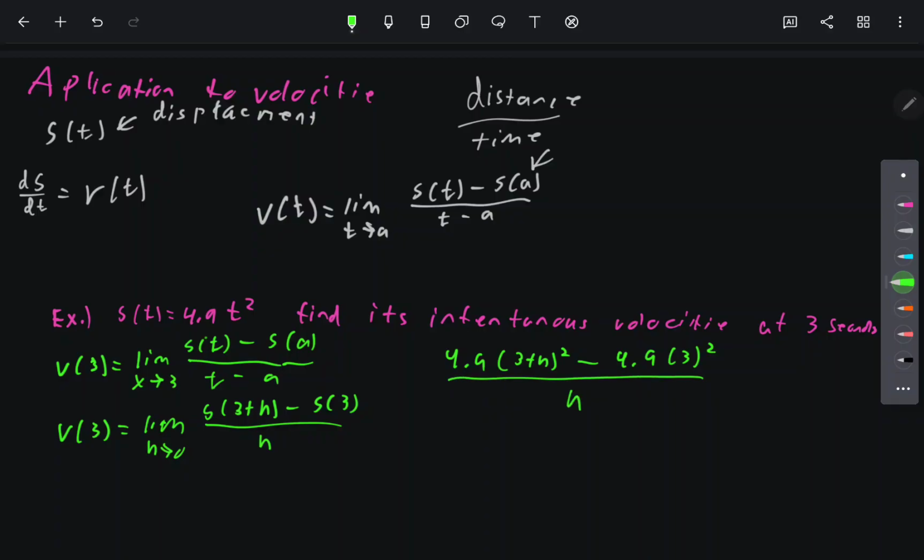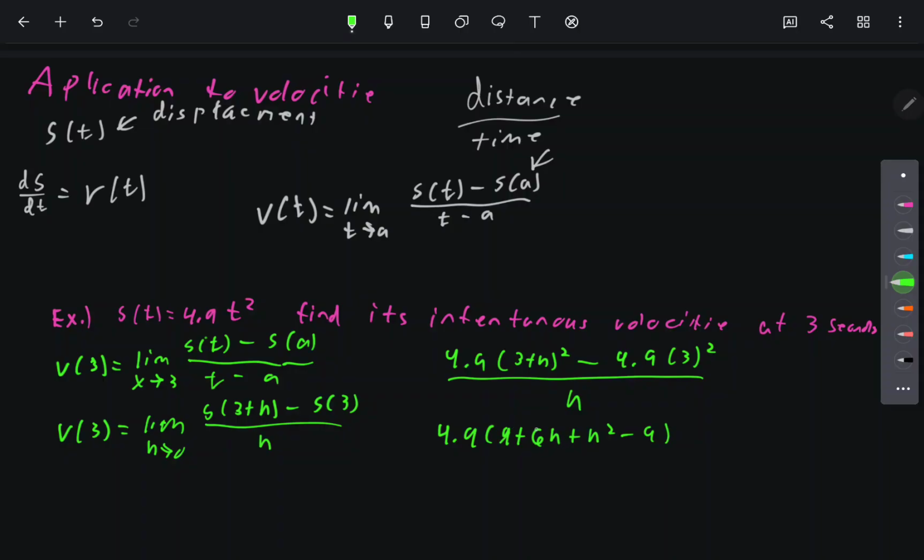All over h. Well, I want to start out by factoring out this 4.9 to make my arithmetic easier later. And in the same step, we're going to square this out. So we get 9 plus 6h plus h squared minus 9.